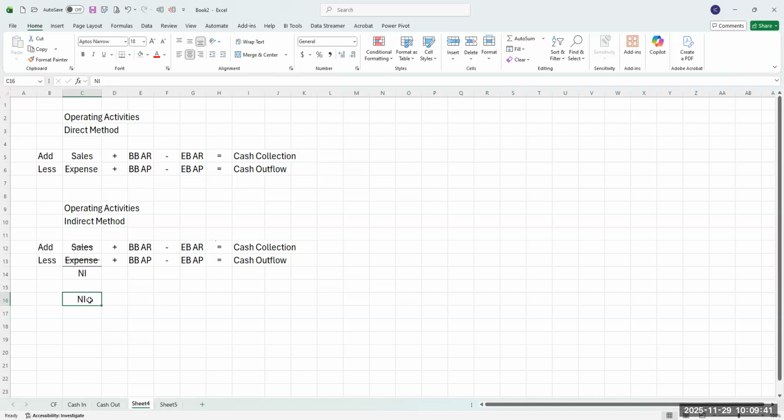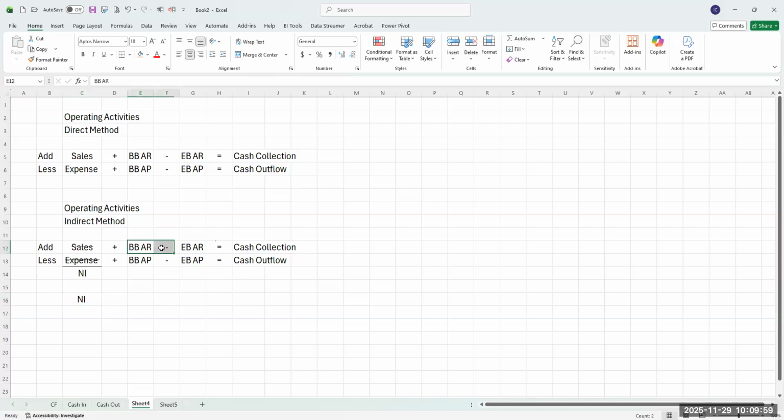Obviously I do, right? If I start with the net income, I don't need to get the sales and expenses because the sales are already in. Expenses are already in the net income. I'm just getting the difference between those two.